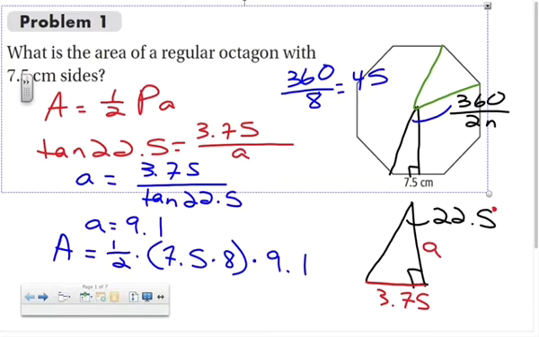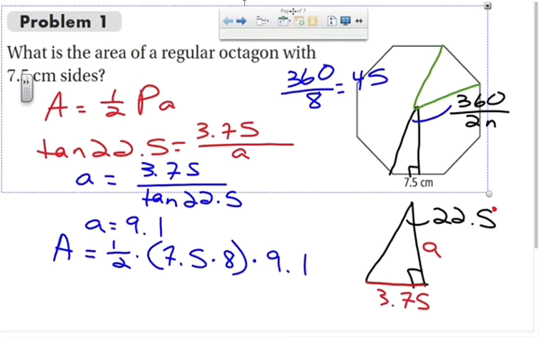I don't want to clear my calculator because I'm getting further and further away from my answer when I do that. So I'm just taking what I have and multiplying by everything else. And I have approximately 271.6 square centimeters.